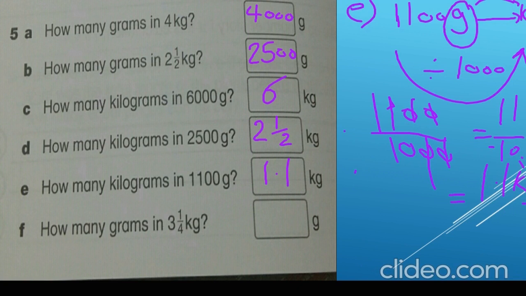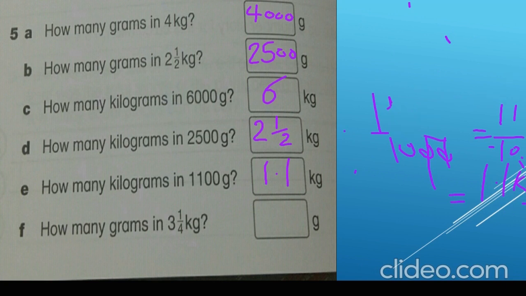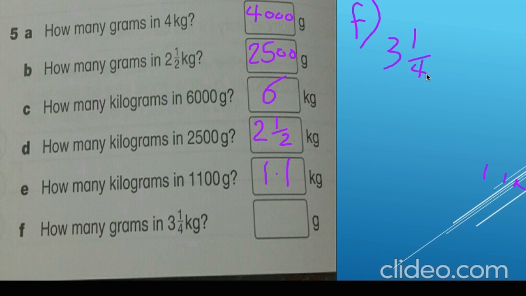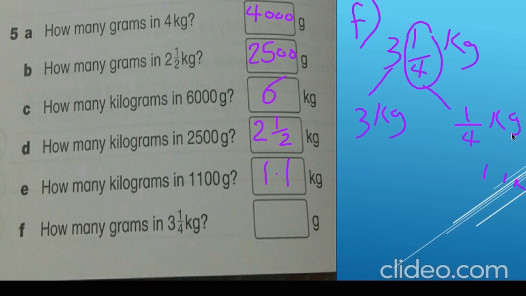The last one, F. How many grams in 3 1/4 kilogram? Let's write it, 3 1/4 kilogram. It means what? This is 3 kilogram and this 1/4 kilogram. 3 kilograms mean 3,000 grams.